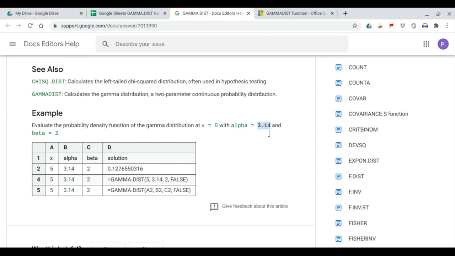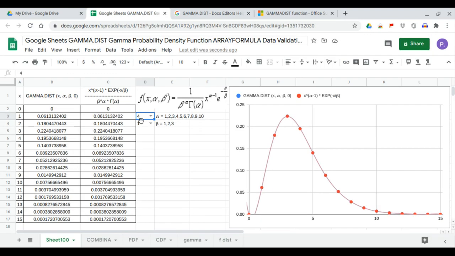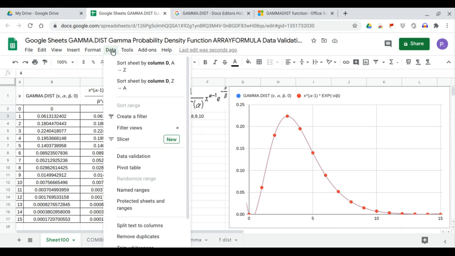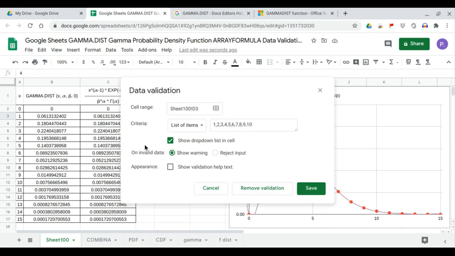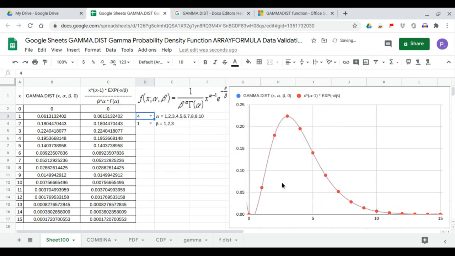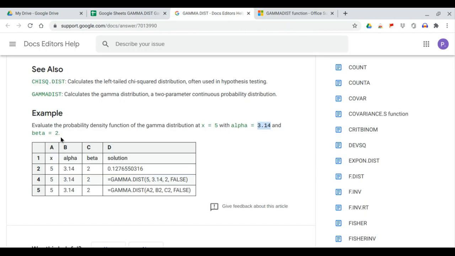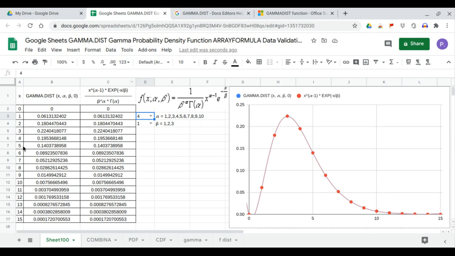So we will add 3.14 to alpha. So alpha, that's data validation, you can add 3.14. So in this case, beta equals 2. We'll go back. So beta is 2, alpha is 3.14, and x equals 5.